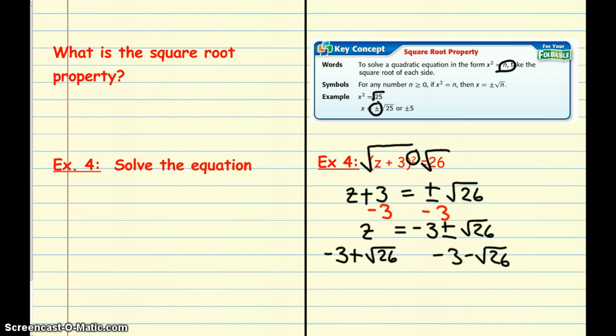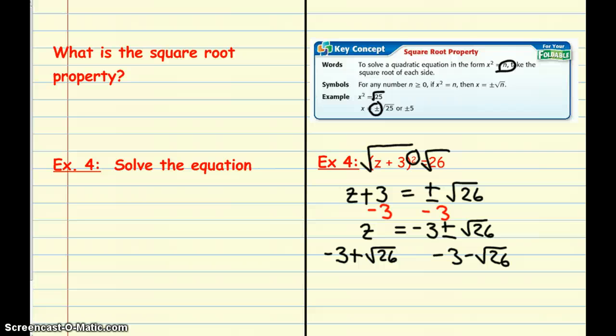To simplify it further, you can find the square root of 26 and then take negative 3 plus that square root of 26, and then negative 3 minus that square root of 26. I should have had a calculator handy so I could do this for you real quick. But the square root of 26 is about 5.1, so I'll call it 5.1.